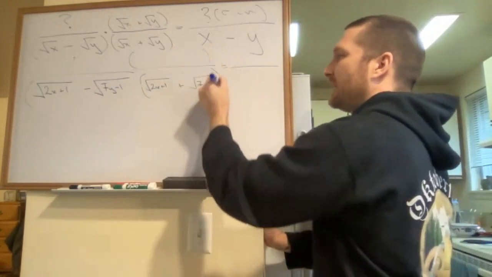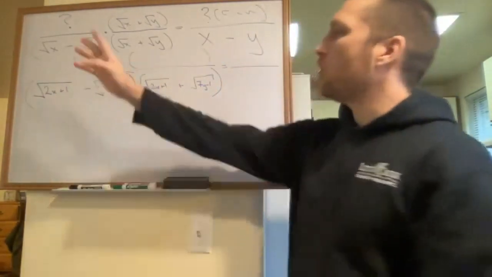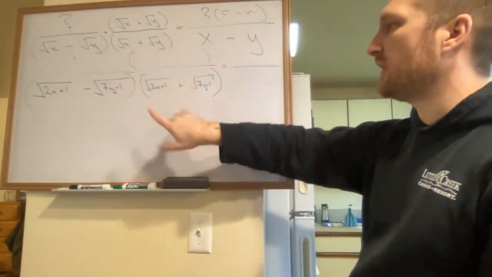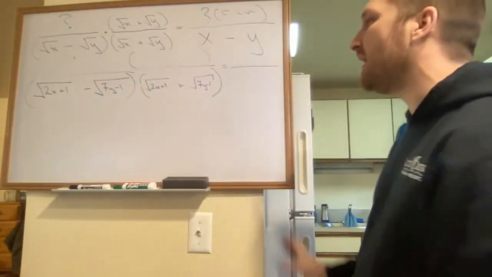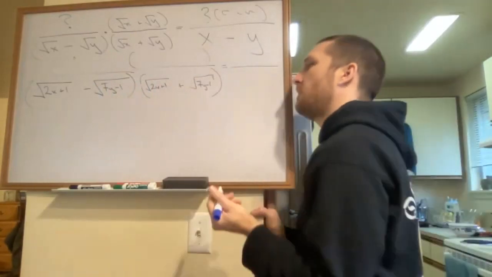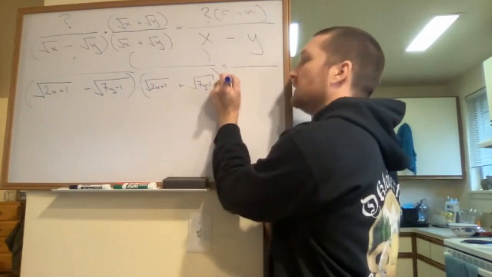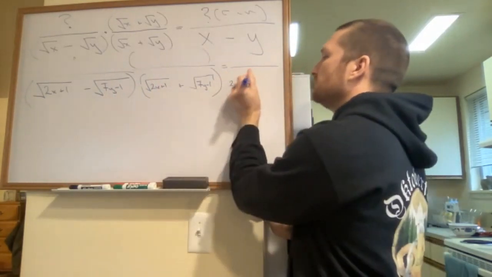Again, we were given something like this, and we had to rationalize the denominator, so I know I need to multiply by its conjugate. I just copied the exact same thing down, but I flipped the sign. First, outer, inner, last gives me what? 2x plus 1. And then minus 7y.